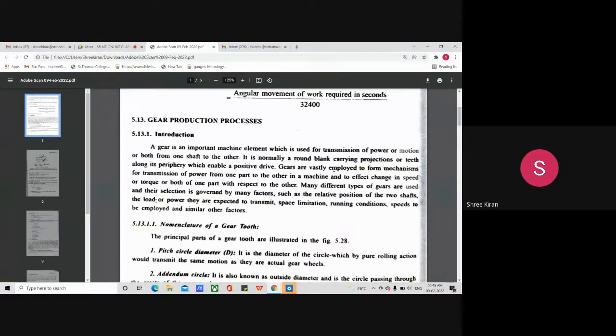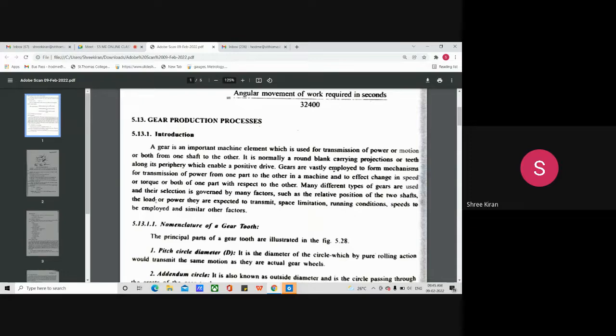It is normally a round blank carrying projections or teeth along its periphery, which always enables a positive drive.